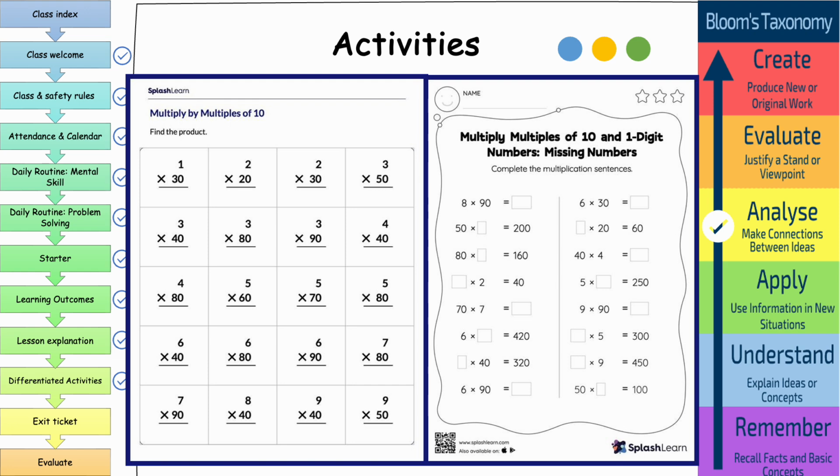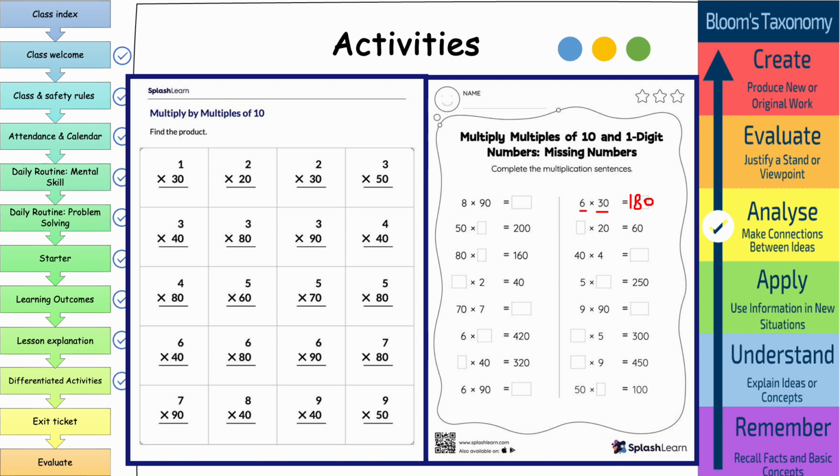If you want to extend your thinking and your learning, you can do these 2 activities. For example, I will answer one question from this worksheet. So 6 times 30, 6 times 3 is 18, and then how many zeros are left in the equation? 1, so it's 180.